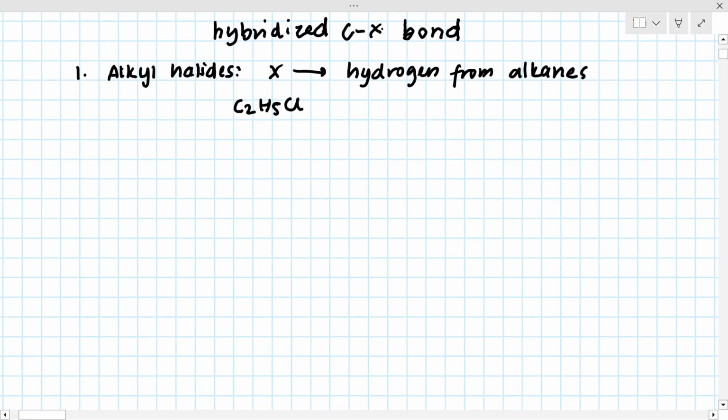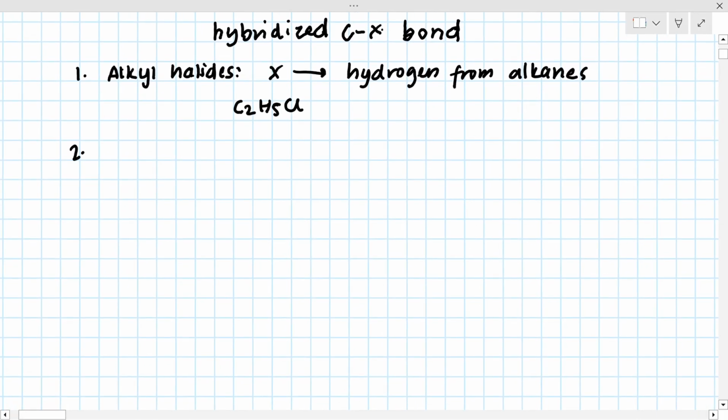In alkyl halides, again, this is divided into three types. When you have one R group, that is one alkyl group, it is a primary alkyl halide.